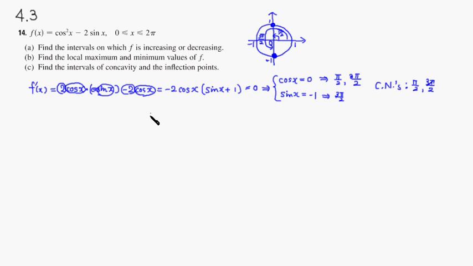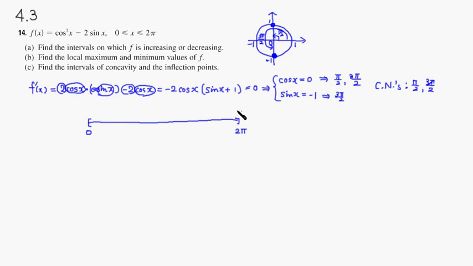So we're going to do a number line on this. We only have to go from 0 to 2 pi, so I'll put 0 here and 2 pi there.